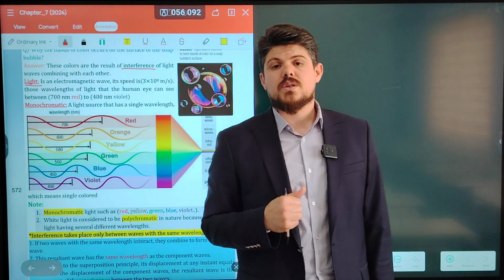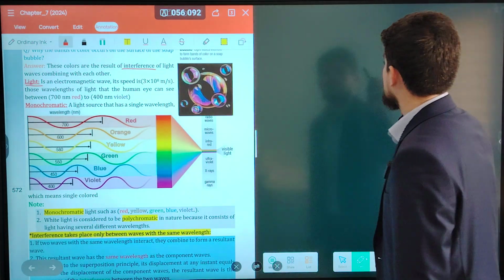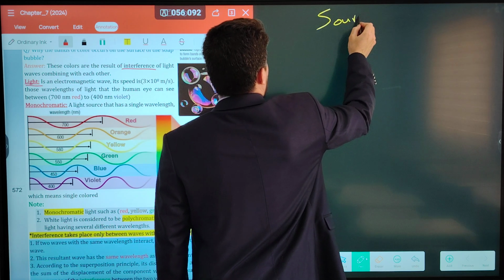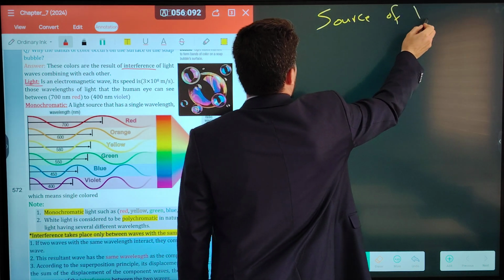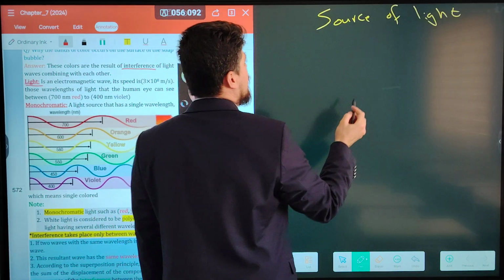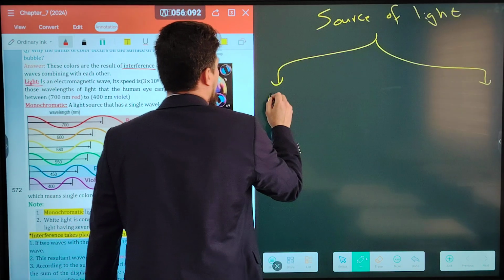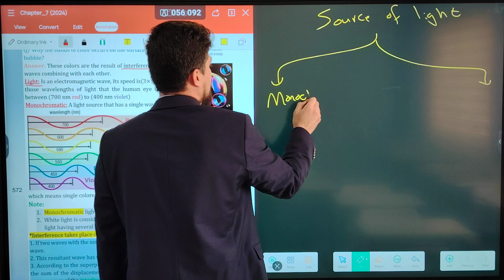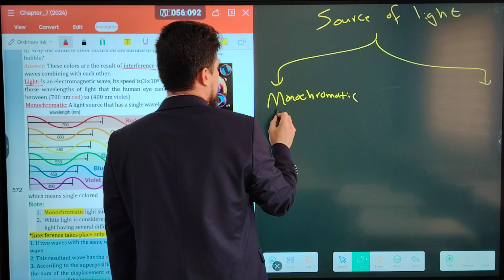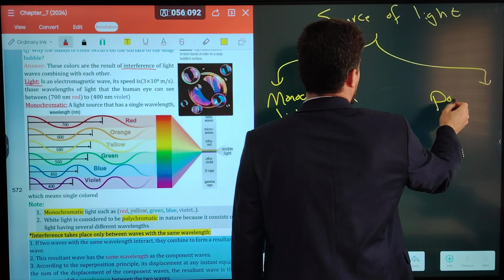We have two different types of source of light: monochromatic and polychromatic light.